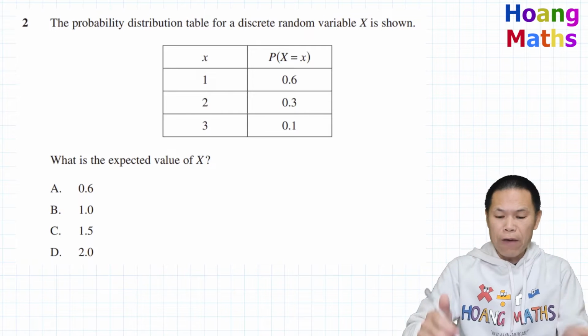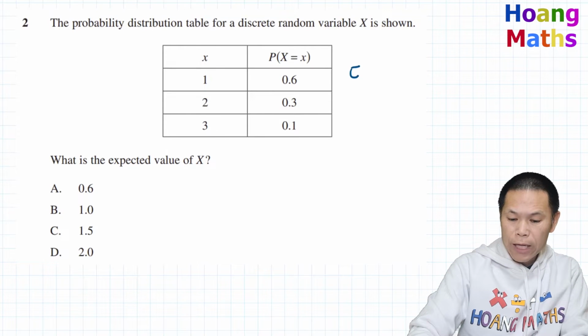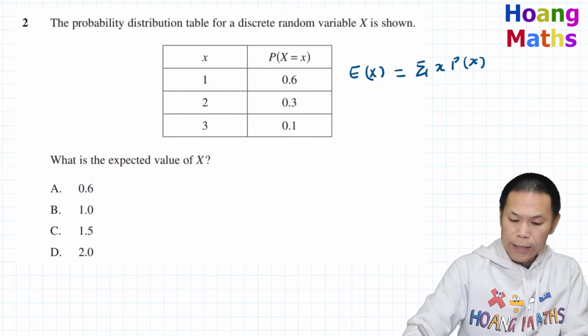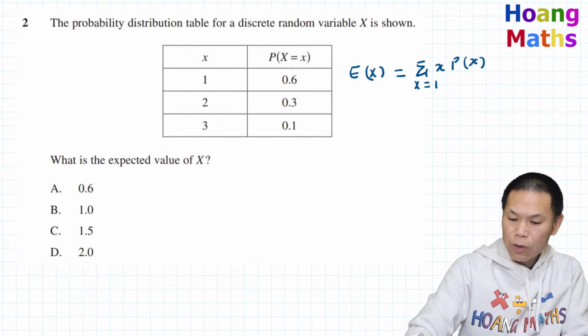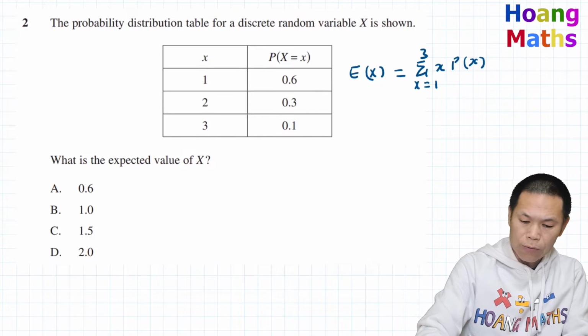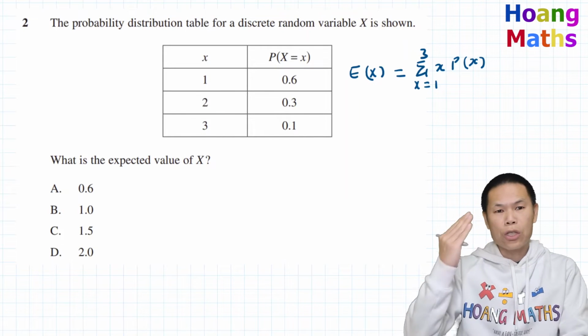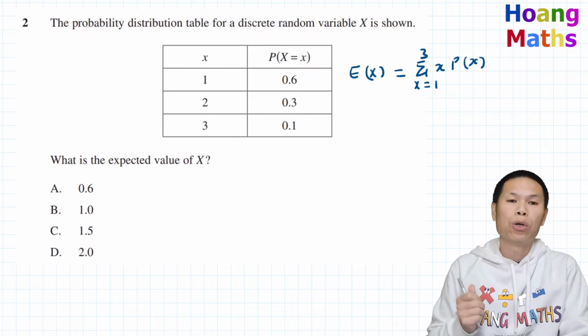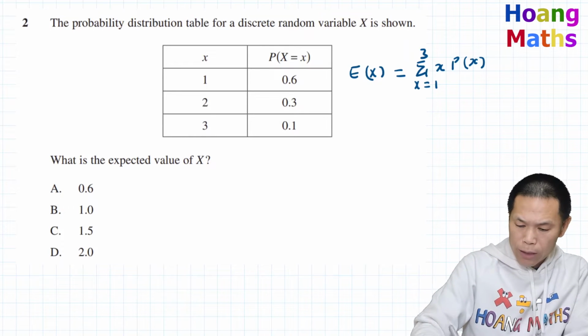The expected value of x is equal to the sum of x times the probability of x, where x goes from 1 to 3. So we just go 1 times 0.6, 2 times 0.3, and 3 times 0.1, and add them up.